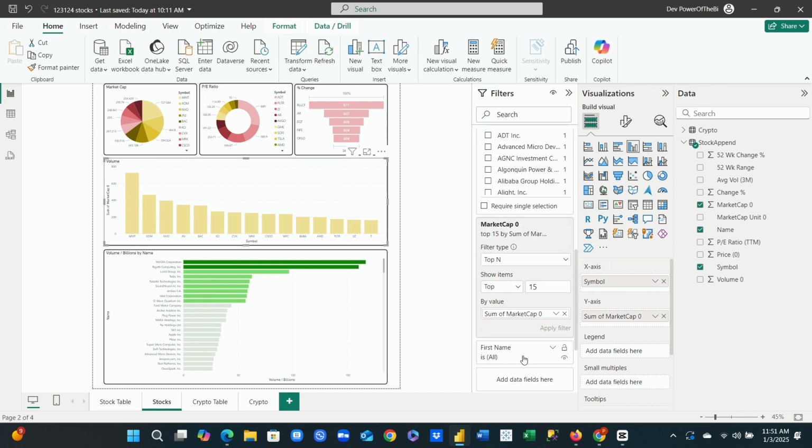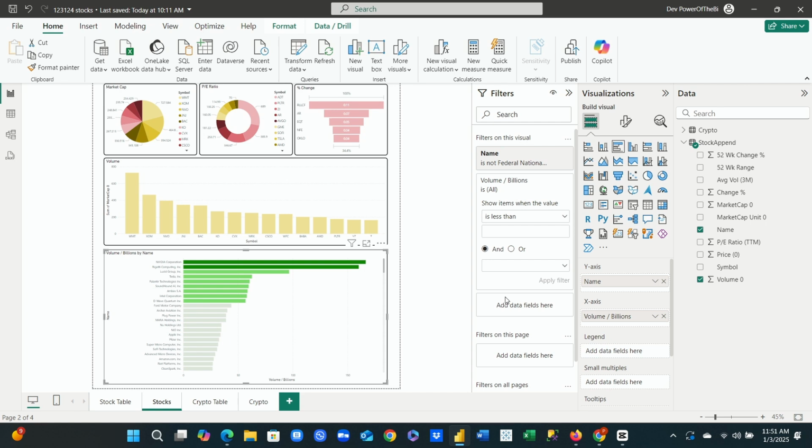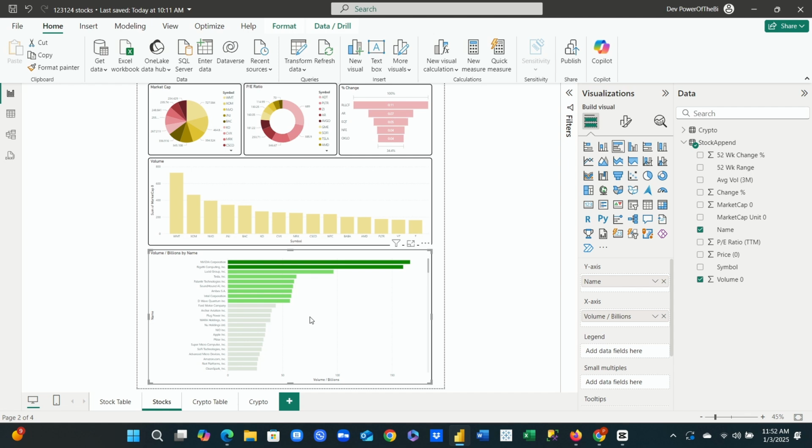On the bar chart, on the column chart, I used the top 15, as I can see here, top 15 by market cap. And it appears I didn't filter anything out in the bar. Well, I did filter out one entity in the bar chart. Again, this is not a complete list of stocks, but I did filter out one entity in the bar chart.